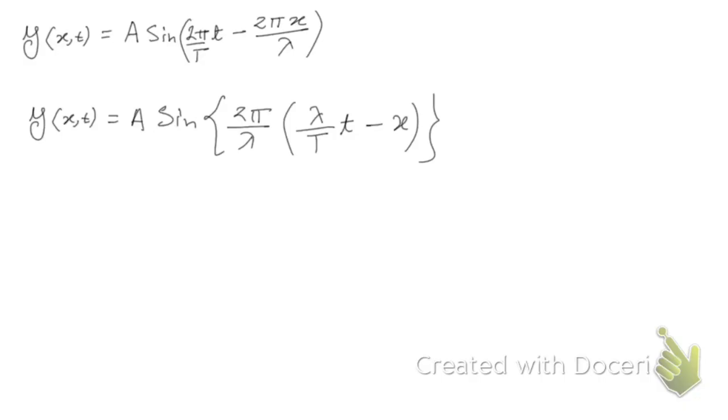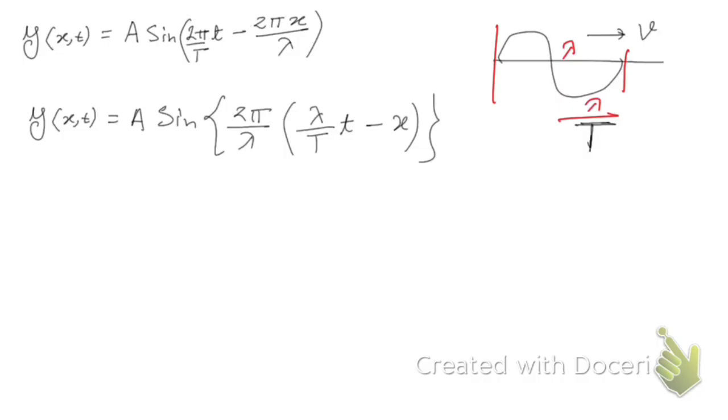Now you see here one thing, this lambda by T is the wave traveling with velocity, and we know that time period is the time taken by the wave to cover a distance equal to wavelength, or you can say displacement equal to wavelength. So displacement by the time gives the velocity.